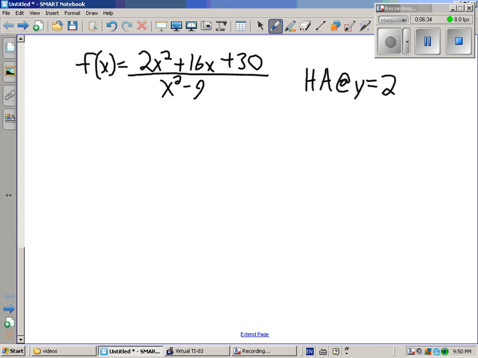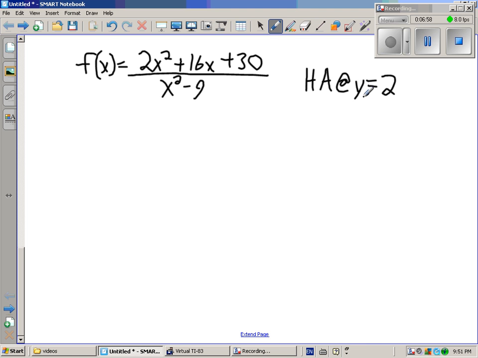Notice how, just like with vertical asymptotes, we're saying where it is. We're not saying horizontal asymptote is equal to 2. Since it's a horizontal line, we have y is equal to 2, not x is equal to 2. x is equal to 2 would be a vertical line. So we have this information. We were able to find this from the graph.